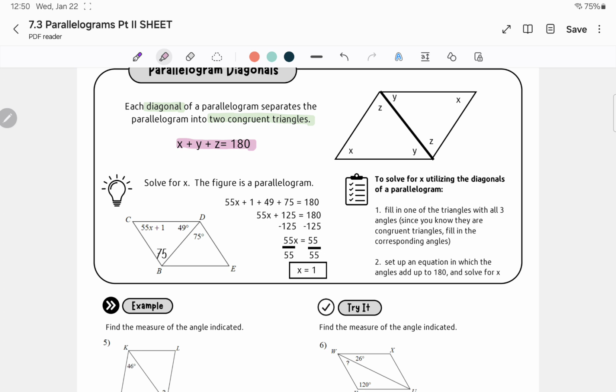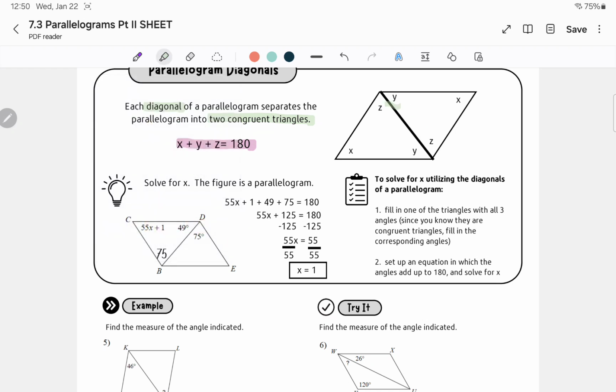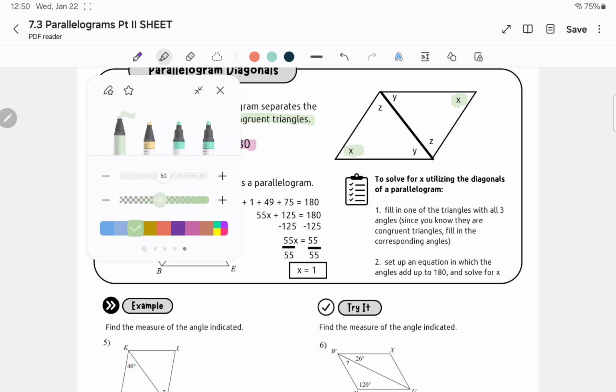So, if you notice here, let's go back to one color. Let's use these, okay? Let's use one color for the X. These are opposite, so we know they're equal to each other, okay? Now, let's use this one.